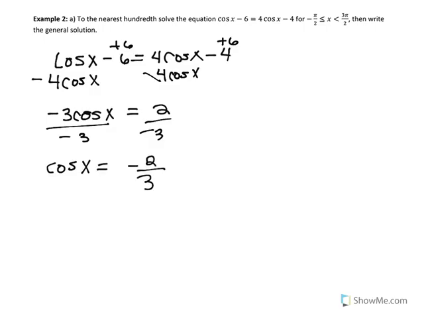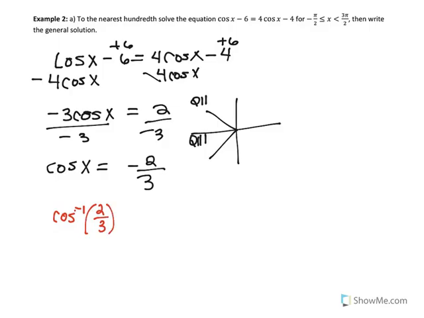I know that this is going to lie in quadrants 2 and 3, because that is where cos will be negative. And I'm going to have a reference angle of 2/3. So I'm going to type in cos to the minus 1 of 2/3 so I can find my reference angle. If I type in that, I should get 0.84.